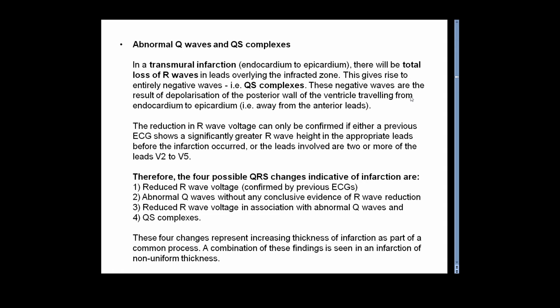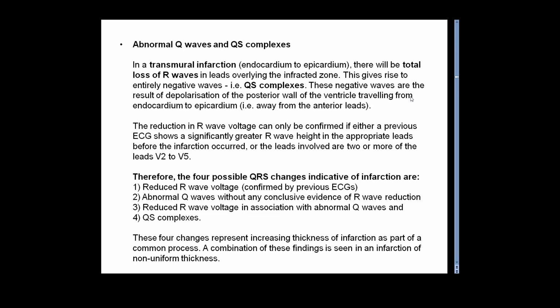Therefore, the four possible QRS changes indicative of MI are: first, reduced R wave voltage confirmed by previous ECGs. Second, abnormal Q wave without any conclusive evidence of R wave reduction.